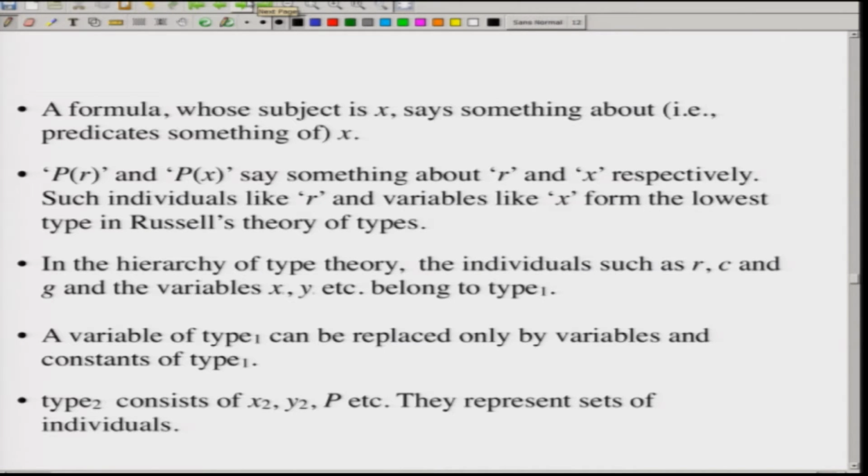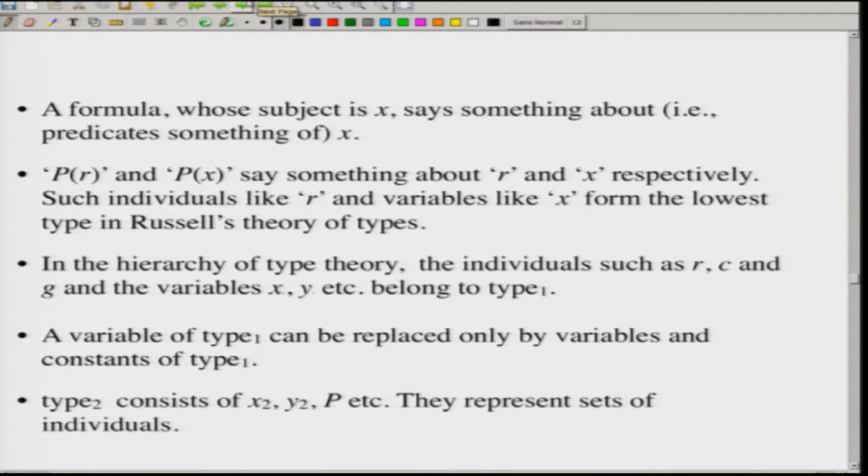A formula whose subject is S says something about X. In other words, it predicates something of X, it attributes a property to X. Now, PR and PX say something about R and X respectively. Such individuals like R and variables like X form the lowest type in Russell's theory of type.